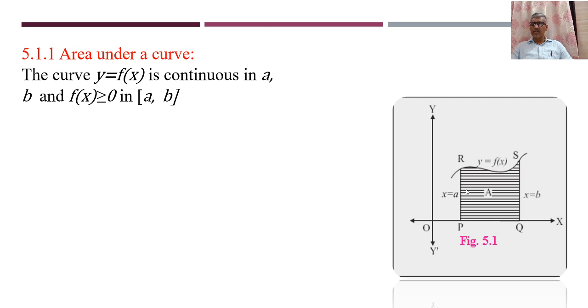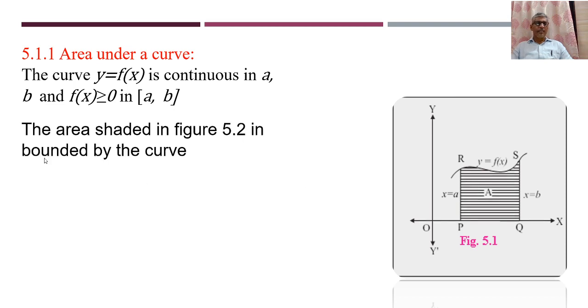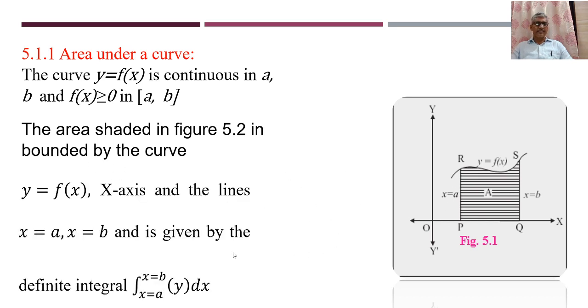See here in this figure 5.1, the curve y equal to f of x and the lines x equal to a and x equal to b on the x-axis. The area shaded in figure 5.1 is bounded by the curve y equal to f of x, the x-axis and the lines x equal to a and x equal to b, and is given by the definite integral.